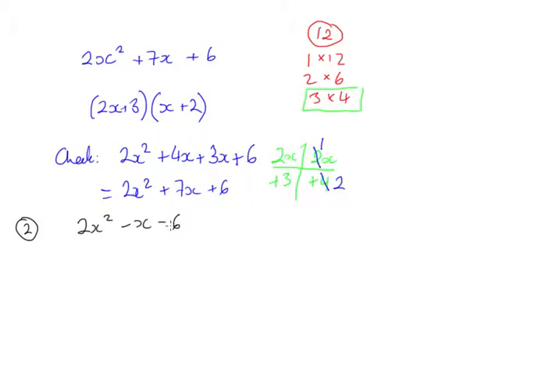Now this time we've got 12 again, so 2 times negative 6 is negative 12. I'm going to ignore the negative for now, but we need to keep in mind that we're actually trying to make numbers that multiply to make negative 12, but my factor pairs, ignoring the negative, are still going to be the same, 2 and 6, 1 and 12, and 3 and 4.